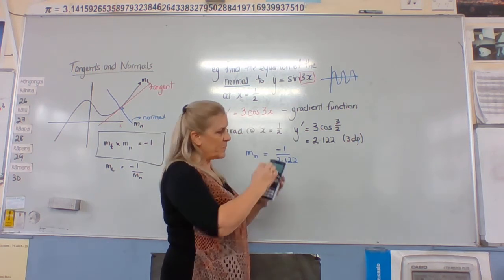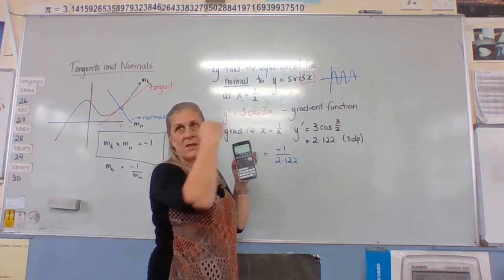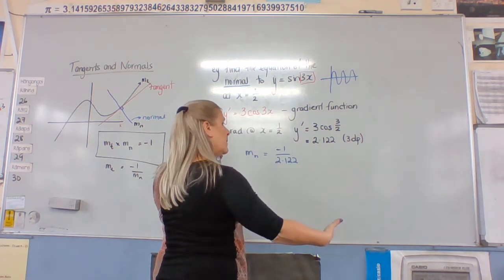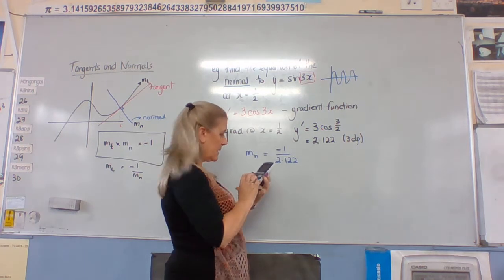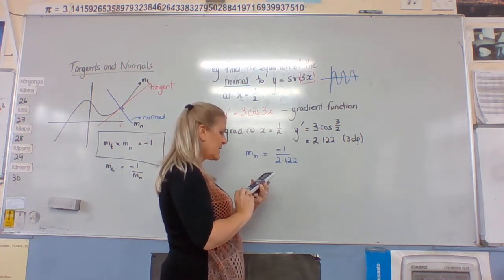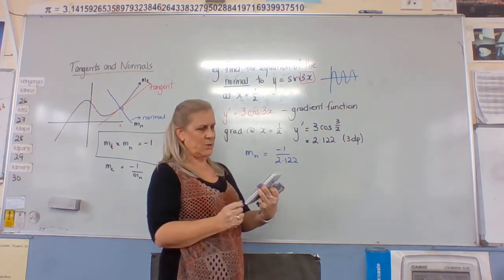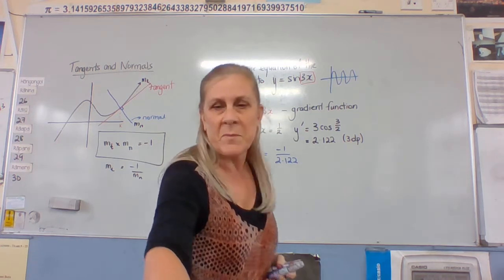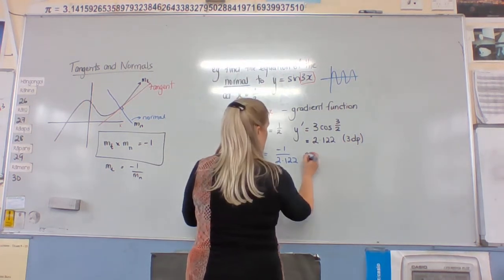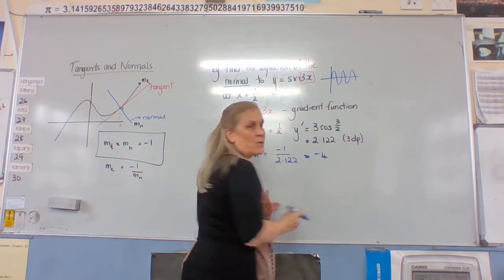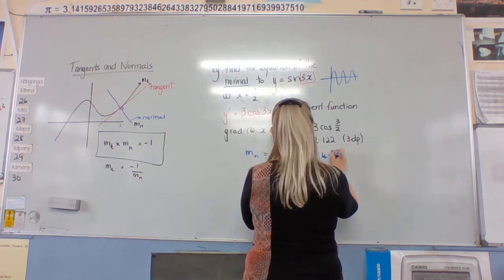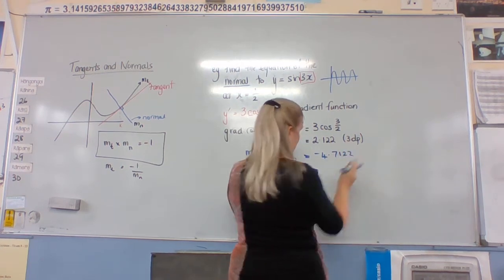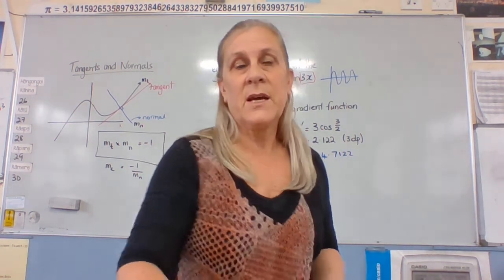So I've already got this big, huge, long thing. If you use the thing above the right-hand bracket, you can just shift that, and it will give you 4.7122. And then you just have to remember to make it negative. So knowing how to use all these buttons on your calculator is quite helpful as far as saving time. 4.7122. Now I've got more decimal places.